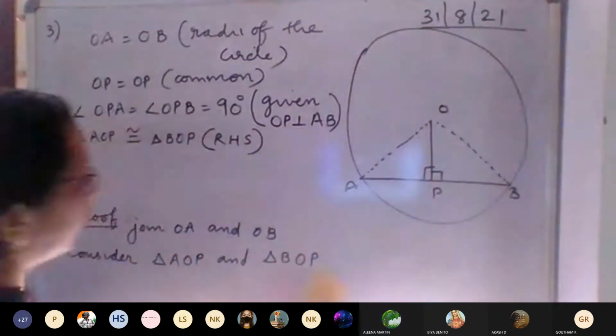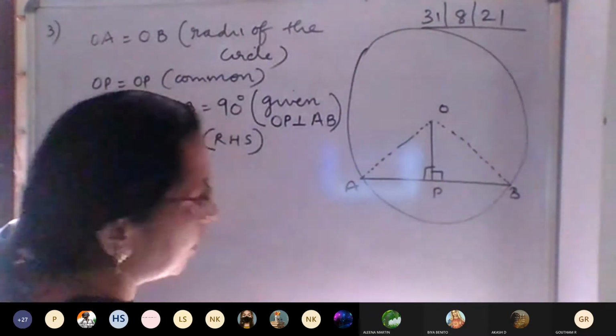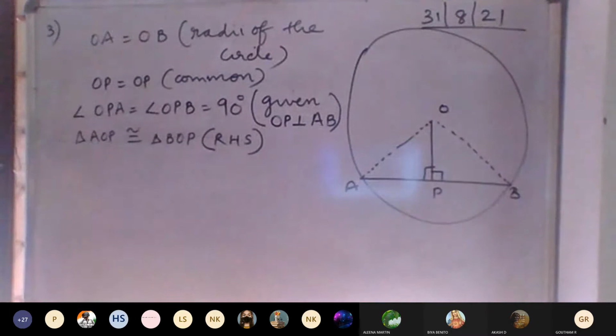If two triangles are congruent, all the sides and all the angles will be equal.